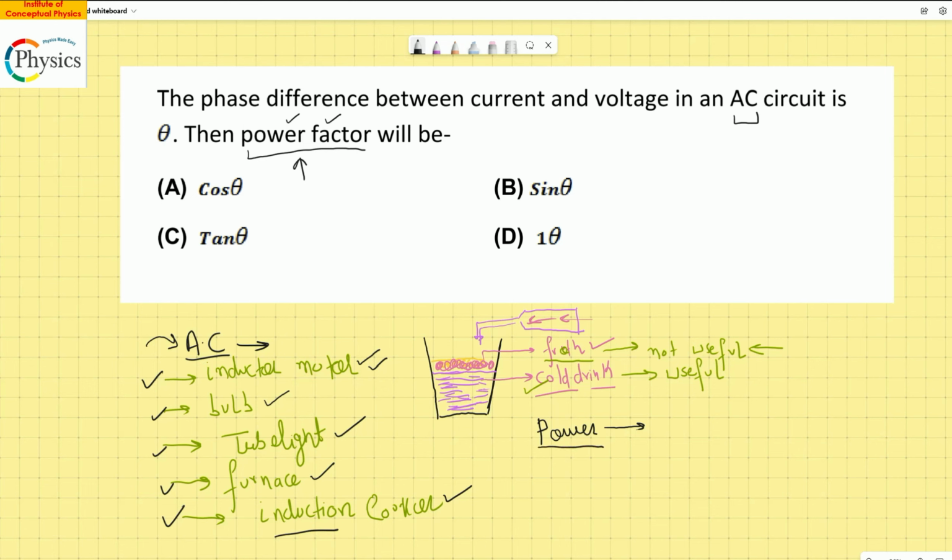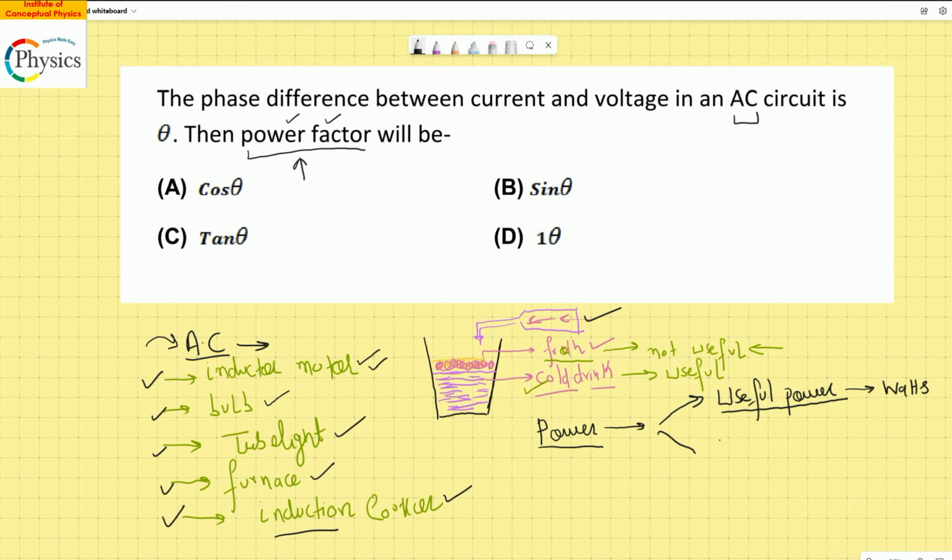So the power that reaches your house, like the cold drink, has two parts. One is useful power, and you pay the bill for the useful power. The meters in your house are for useful power. This is measured in watts. And then there is a useless part of it. It is called wattless power.